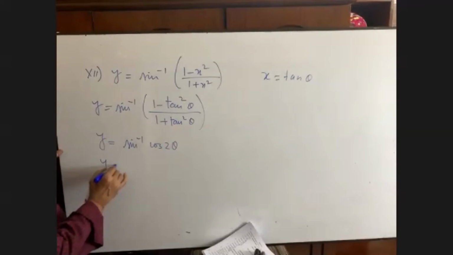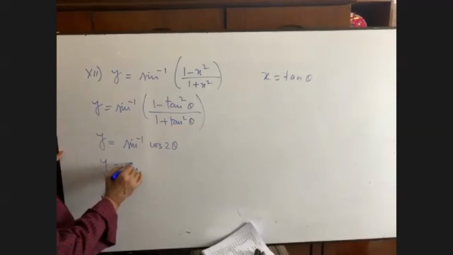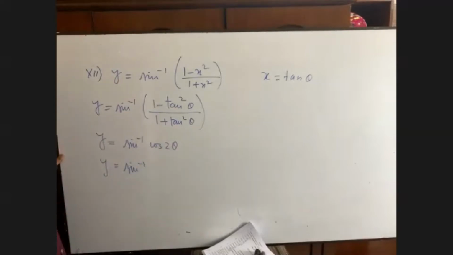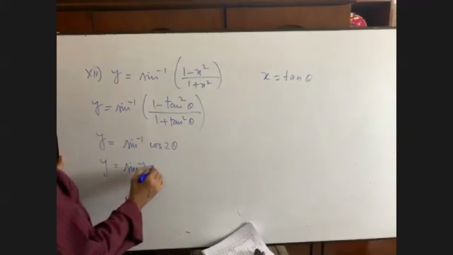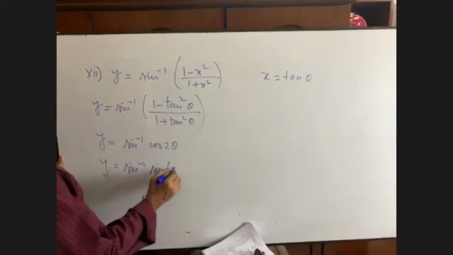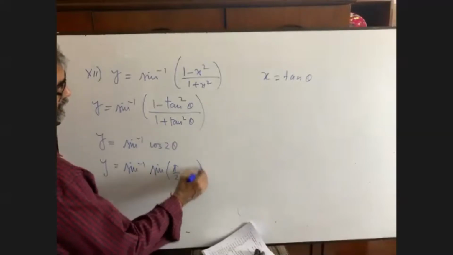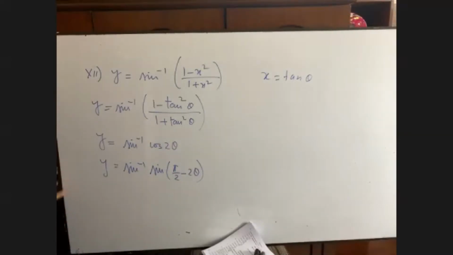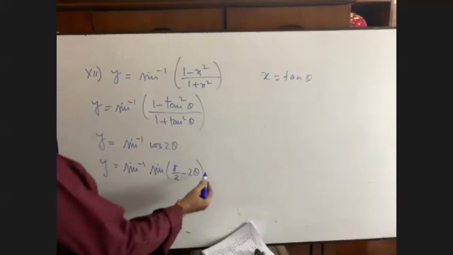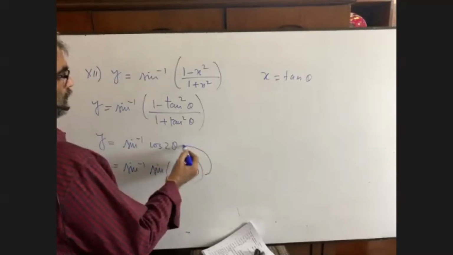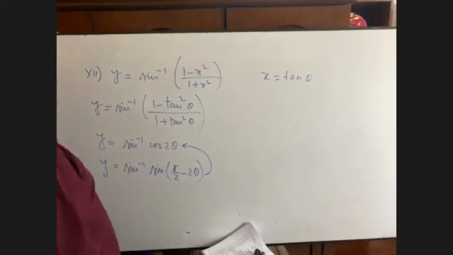Now sine inverse cos 2 theta, what can we do? Sine of pi by 2 minus 2 theta. The interesting fact is that I can go here from this.